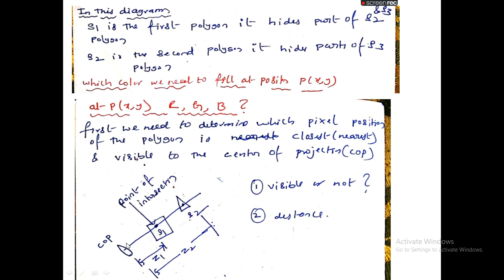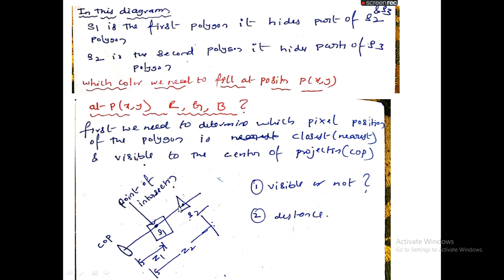When we are viewing these two surfaces in this direction, you can say that surface S1 has hidden part of the surface S2.